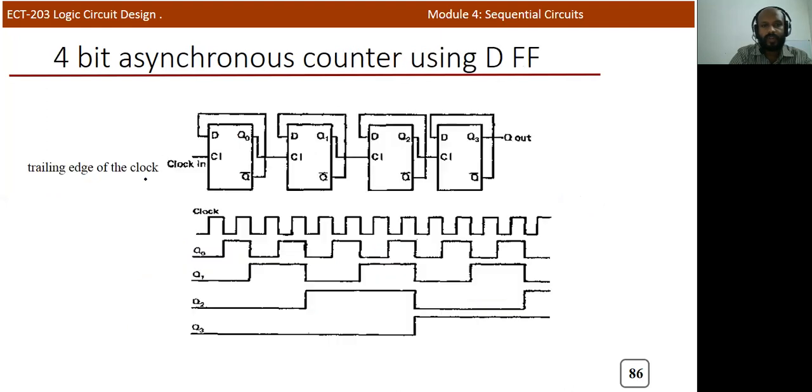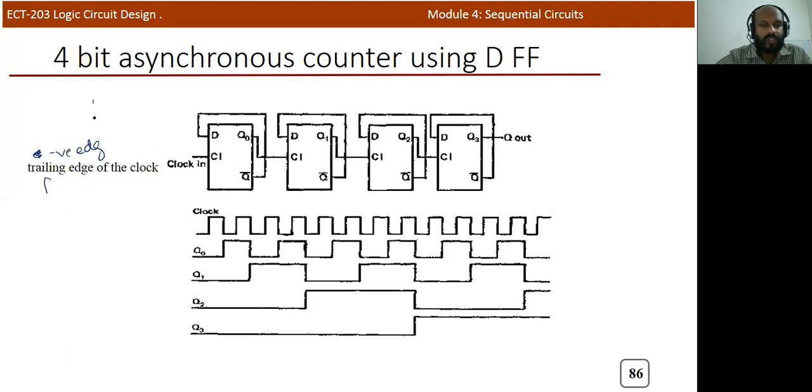Now we'll discuss one more circuit in this asynchronous implementation. Here also you can see the trailing edge of the clock, which means it's a negative edge triggered clock. All these clock signals are negative edge, and here we are using a D flip-flop.